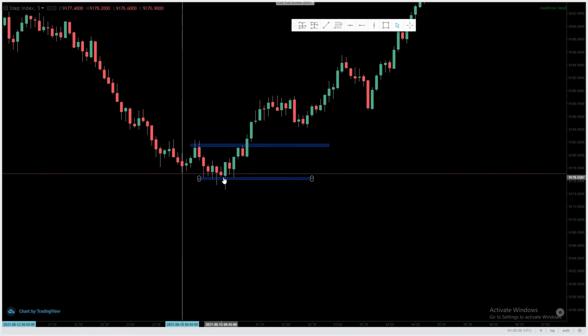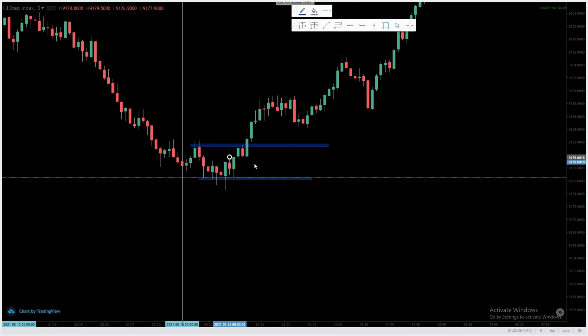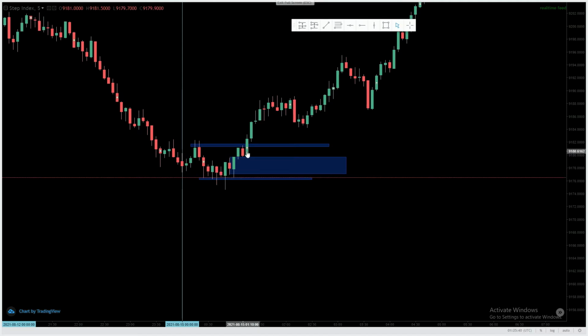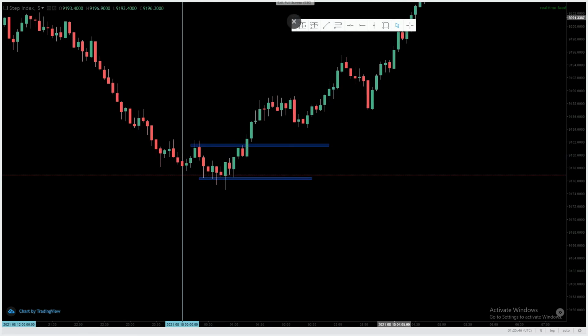So when we see that the market is now tending to go up, to break this high, what are we now expecting the market to do? To come back to this order block, because now this one becomes our order block, and this one also is our order block, and this one also is our order block. But we are going to take those ones which are highly going to be respected by the market.